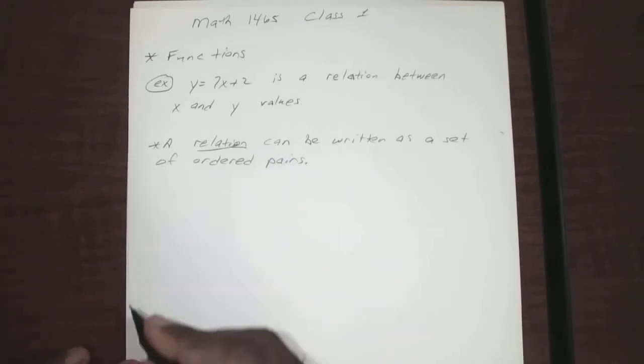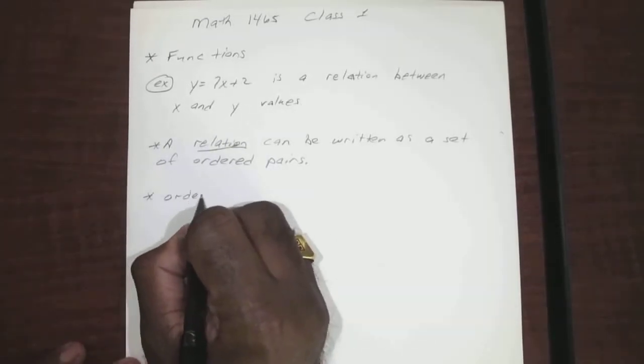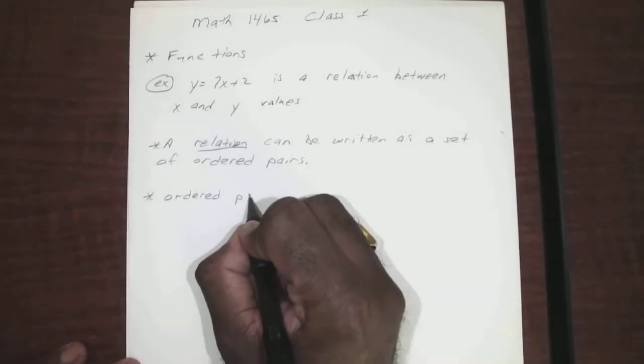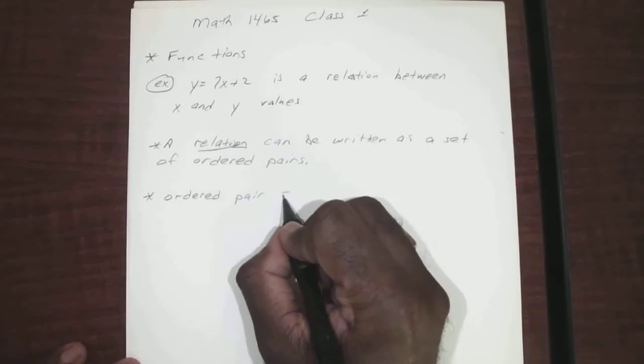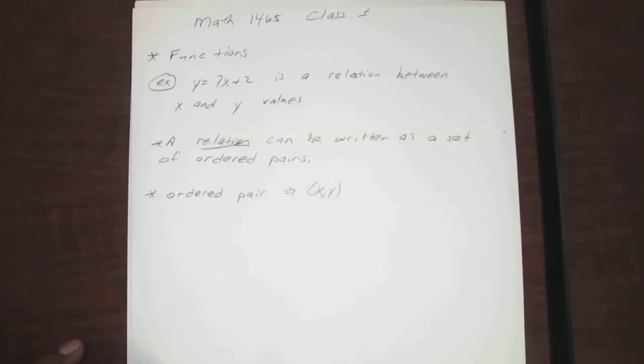Now your ordered pair is just when x equals one value, y will equal another. So your ordered pair can just be some x comma y. Okay. Which brings us to our domain and our range.